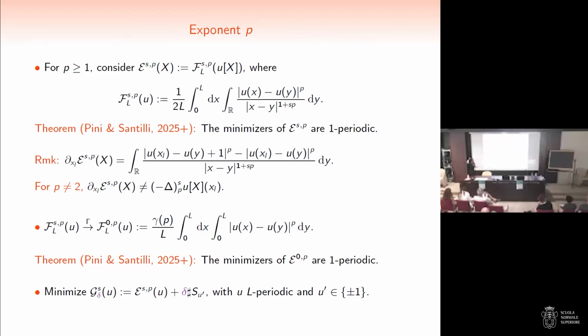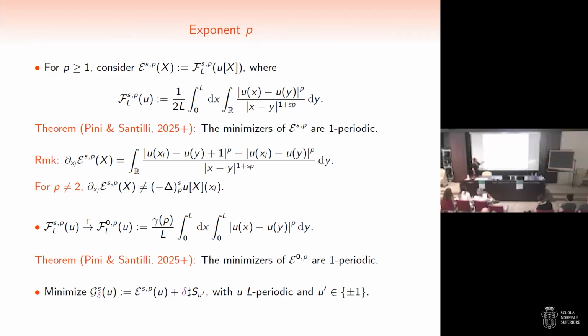I want to tell you only one thing about this. As I told you many times during this talk, if I take the first variation of the energy, you naturally end up with the fractional Laplacian, but this is true only for p equal to 2, in the sense that the variations consist in moving the points.